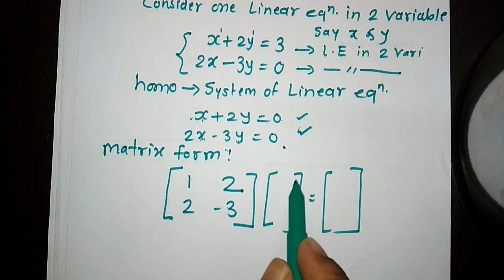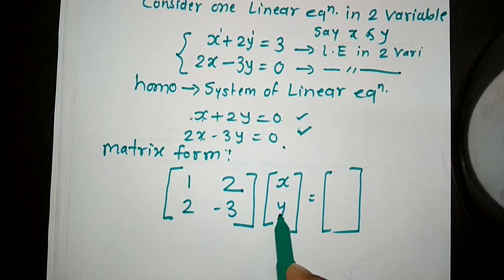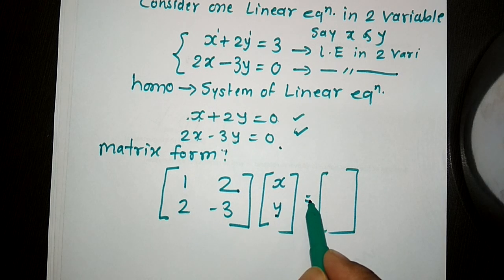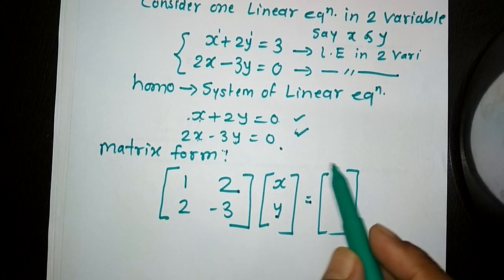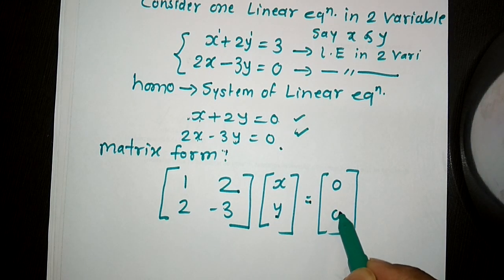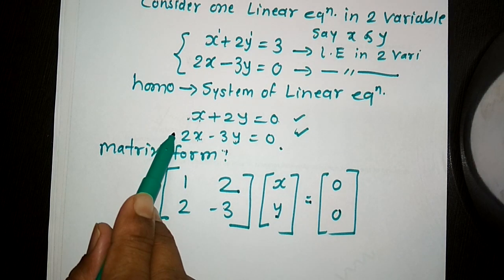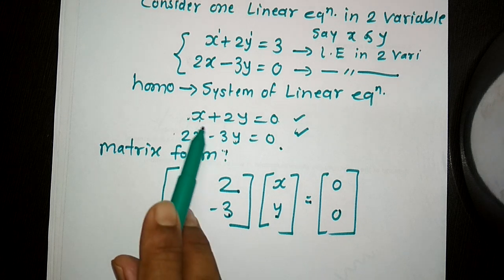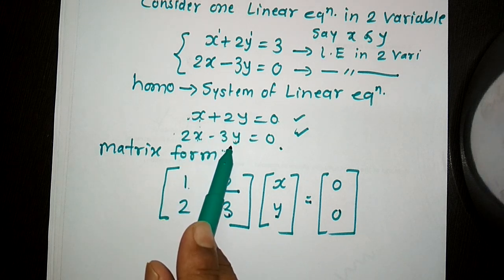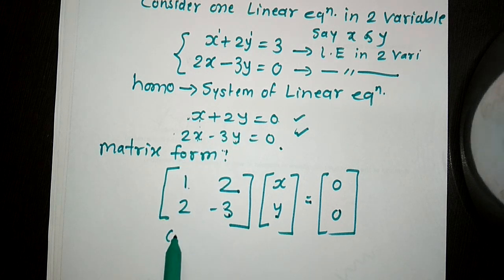The variables x and y we write column-wise. The right side of this system of linear equations is 0, 0. Therefore this right side matrix is 0, 0. So we write this system in matrix form. The entries in this matrix are the coefficients of the variables in each equation, therefore this matrix is called the coefficient matrix.